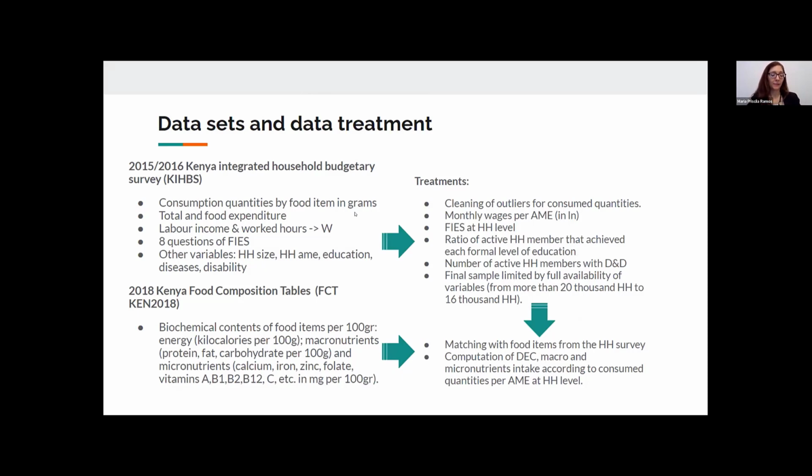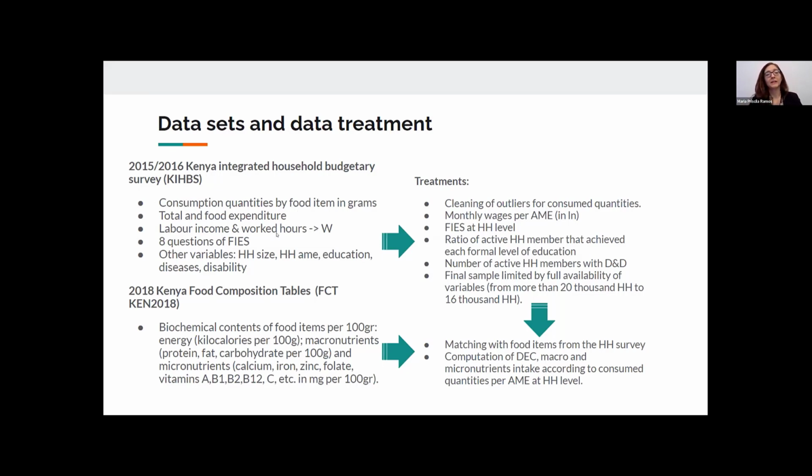They come in different units, depending on the food item, and we need to convert all into grams in order to match with nutrients. Also total and food expenditure, labor income, and work hours in all the households.